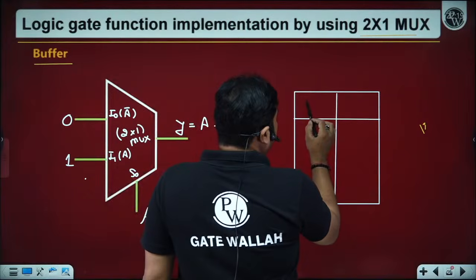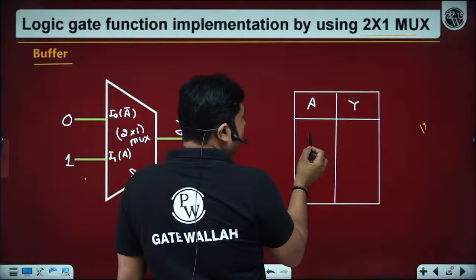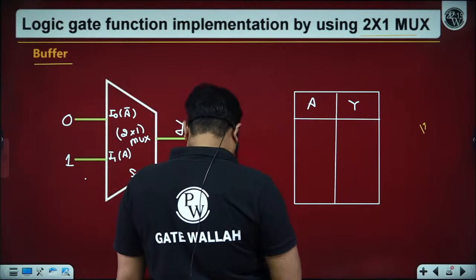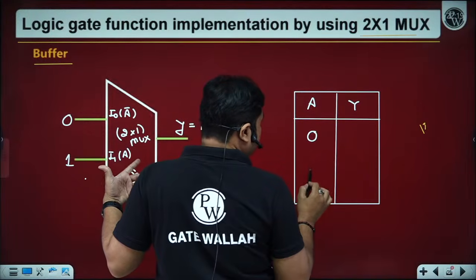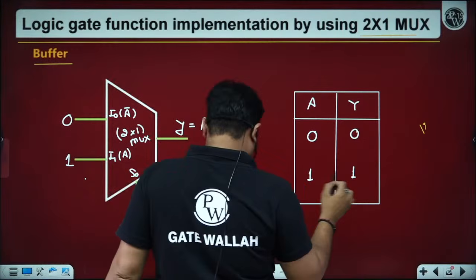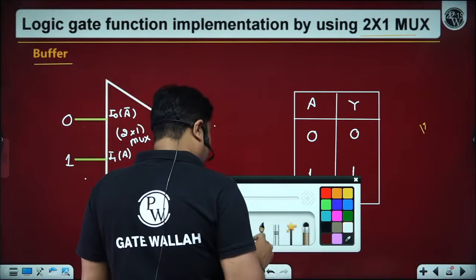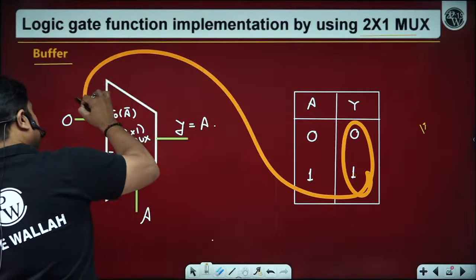Why? Please observe, beta ji. We have only one select line, S0 equals A. So A may be 0 or 1, and we want the output to be 0 and 1. So what we need to do is just copy this from here and paste it onto the select line.